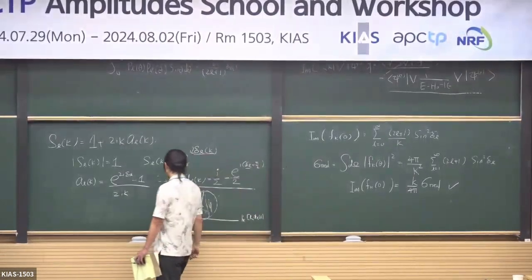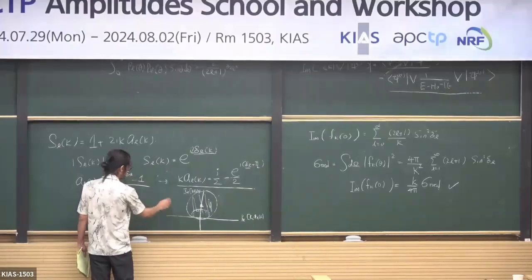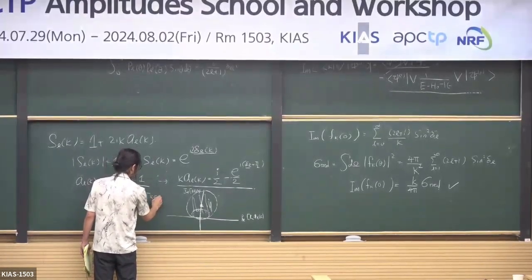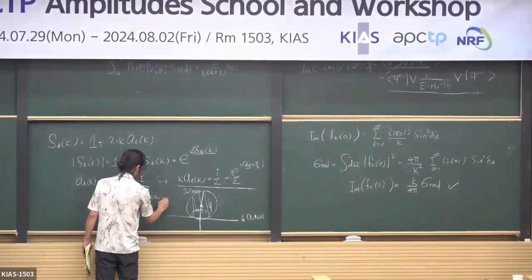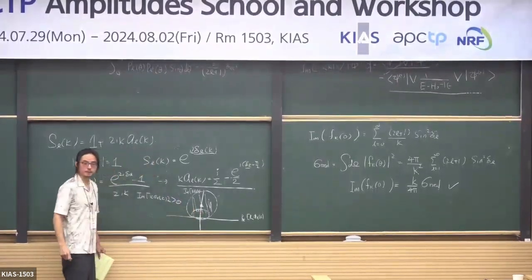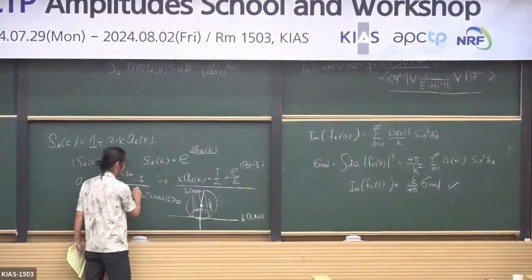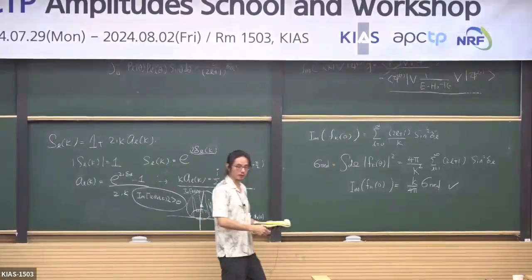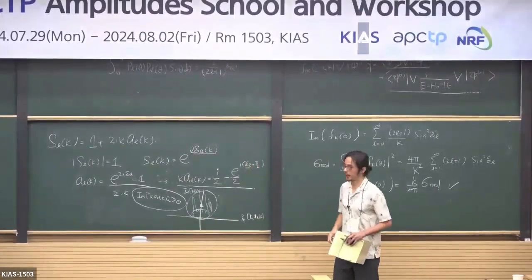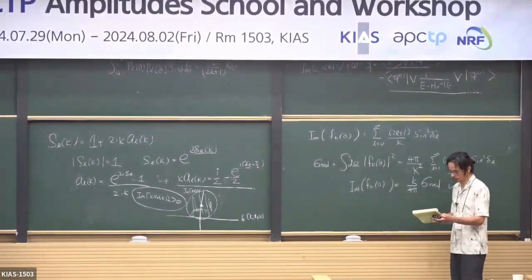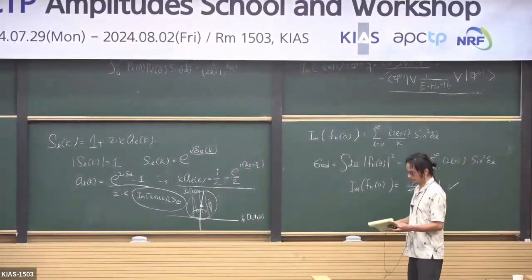And so you immediately see that the imaginary part of your k times ALK must be greater than 0 just from this. This is something that we'll use constantly: the imaginary part of your partial wave has to be positive, which is related to the imaginary part of your amplitude being positive.